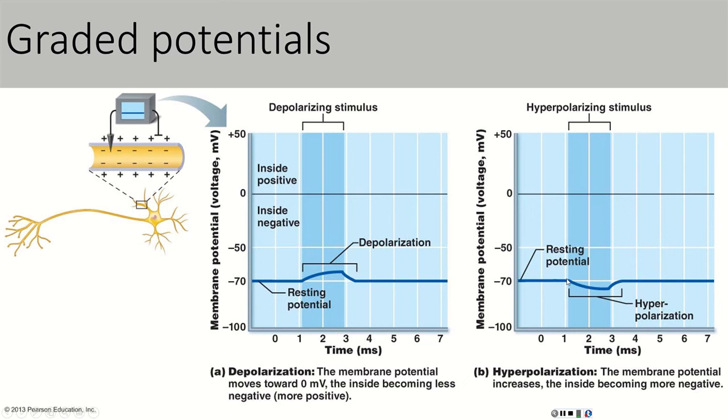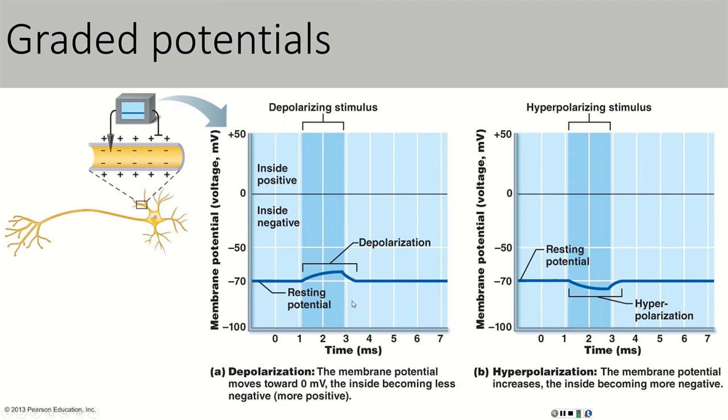Hyperpolarization makes it more negative, takes it further away from zero. And we can do that by making the membrane more or less permeable to certain ions. Remember, ions, they have charges. If they are crossing the membrane, they're bringing those charges with them. So if we move more charges or less charges, we can depolarize or hyperpolarize that membrane.